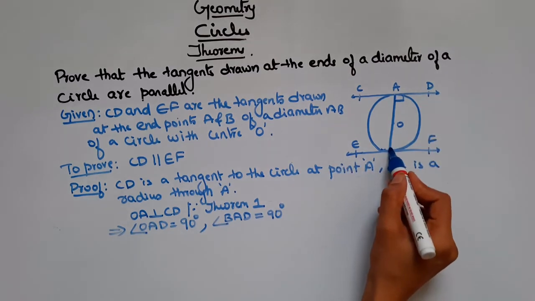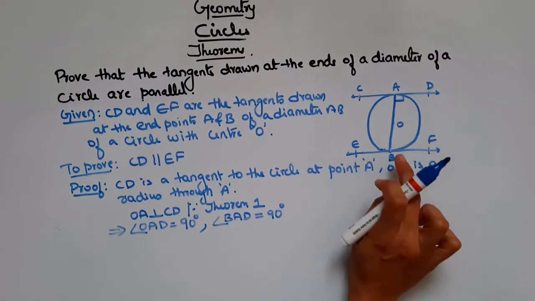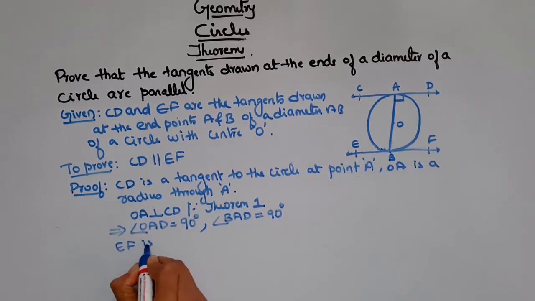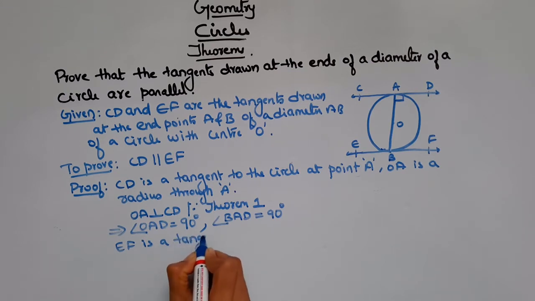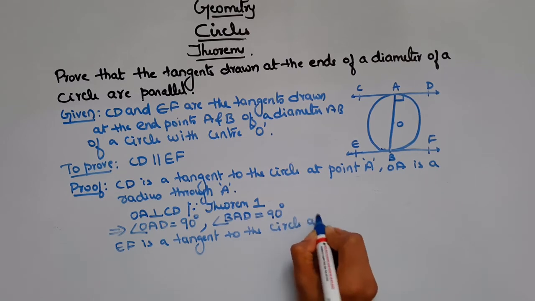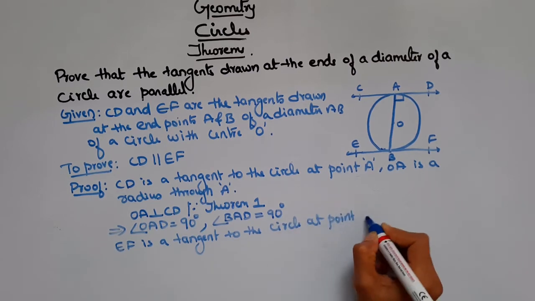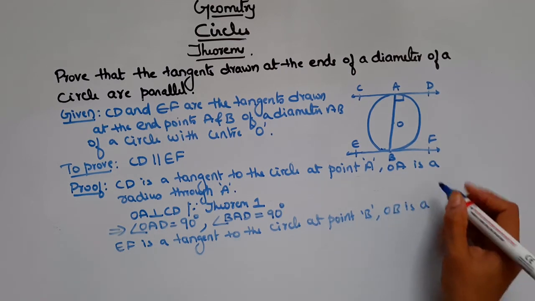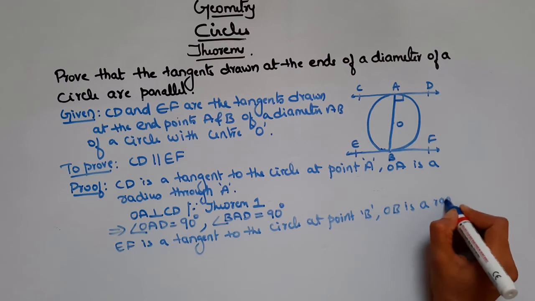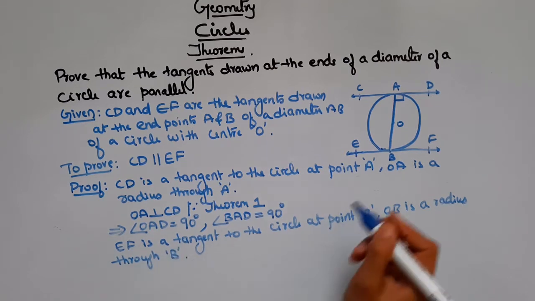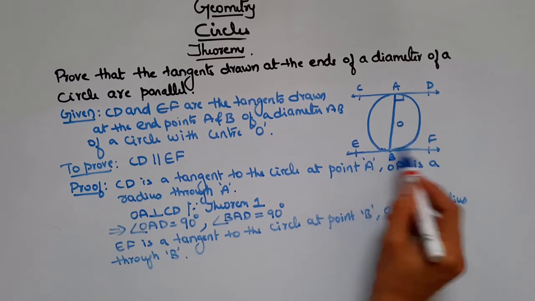Similarly, if you see this end, here EF is a tangent to the circle at point B, right? So we have EF is a tangent to the circle at point B. OB is a radius through B. So by theorem 1 we can say OB is perpendicular to EF.